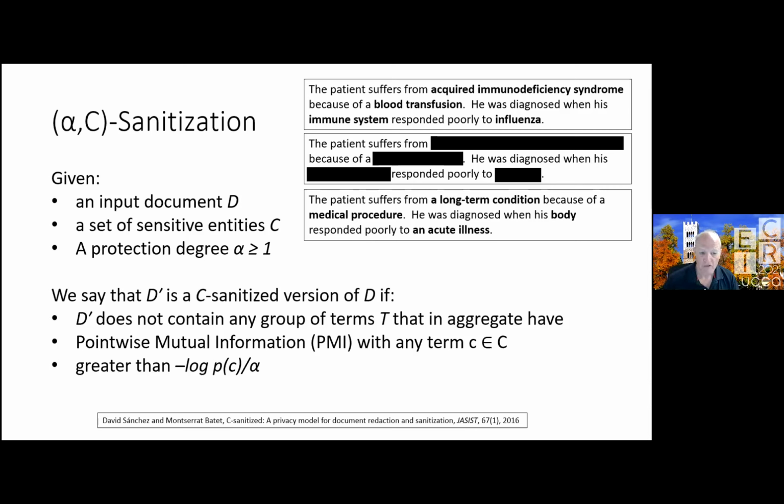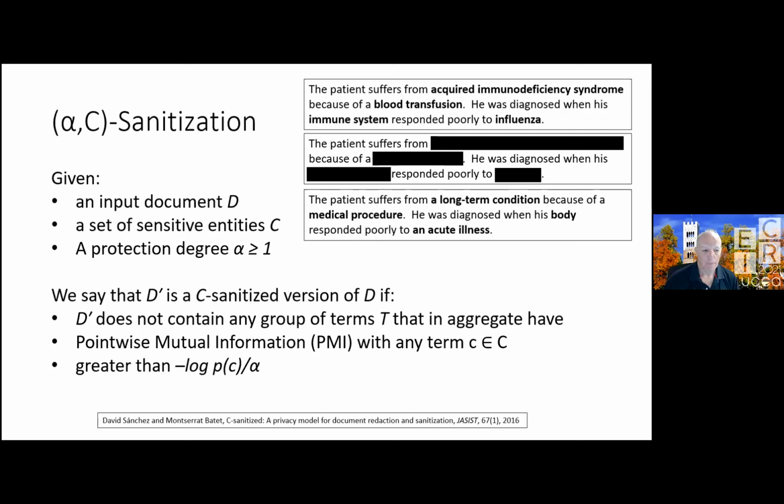So we've got this term C. We're trying to protect AIDS here, or HIV is actually what we're going to try to protect. And we're going to try to protect it in the Wikipedia page for HIV. We're going to try to get all the words out that tell you what this Wikipedia page is actually about. And still let you see something in the Wikipedia page.